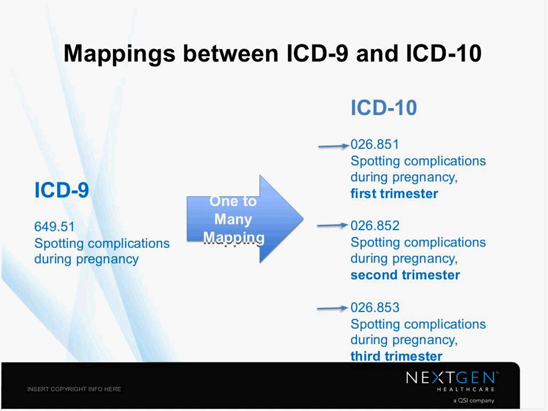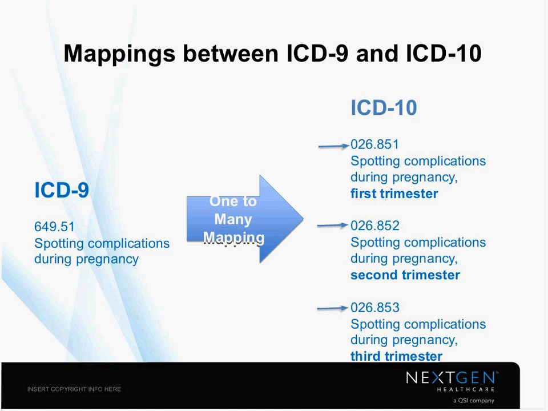Here there was a single code in ICD-9 for spotting complications during pregnancy, and now we have multiple values. Basically, the last character of the ICD-10 value is what trimester the patient is in. So you can see spotting complications during pregnancy of the first trimester, second trimester, and third trimester.